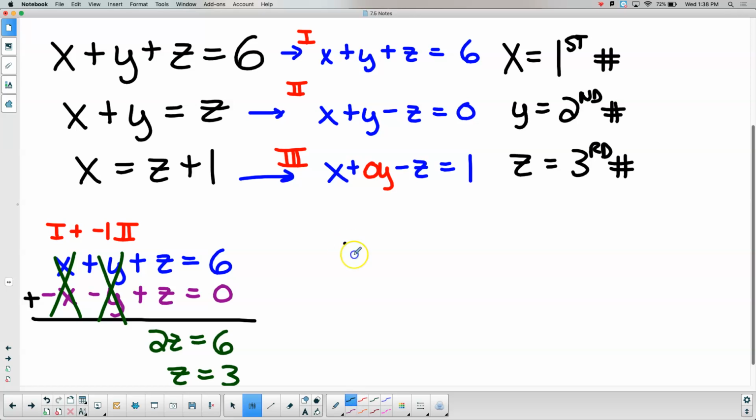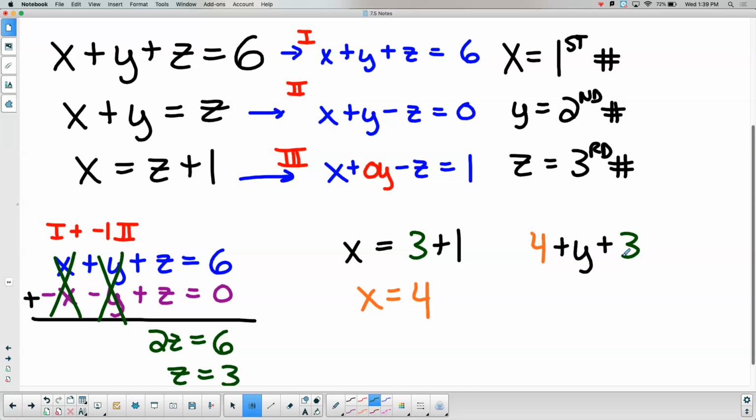So I can go to this one and I can say x equals z is 3 plus 1. So x equals 4. Then I can go back up to my original one and I can say 4 plus y plus z is 6. So y equals negative 1.